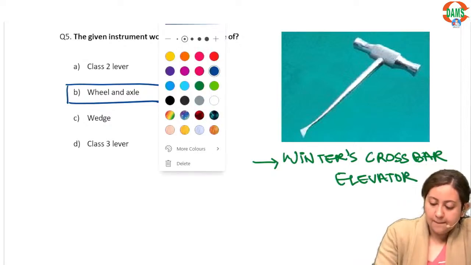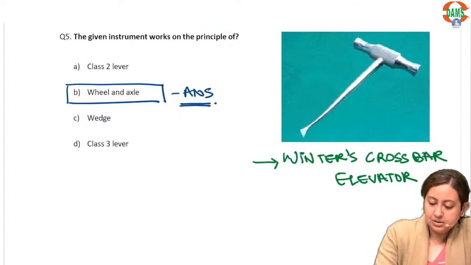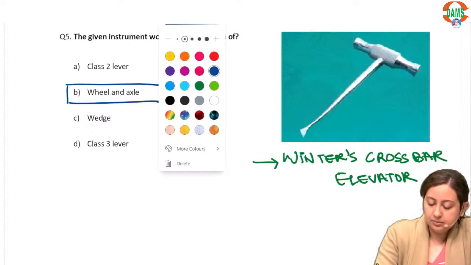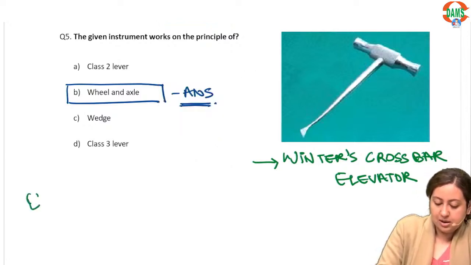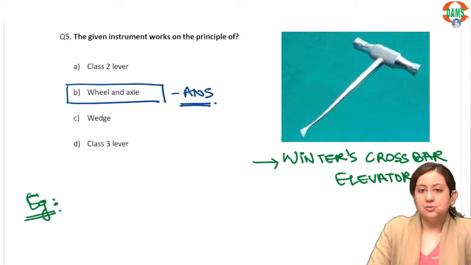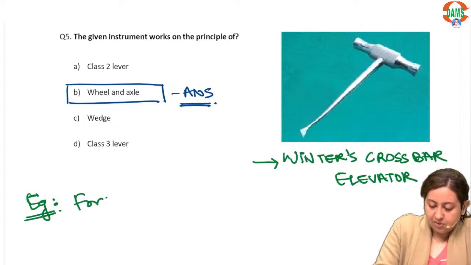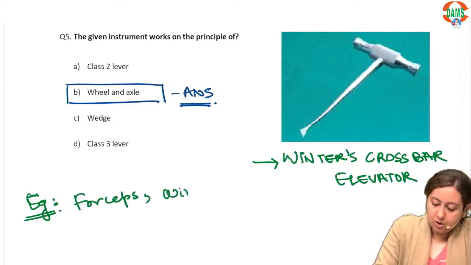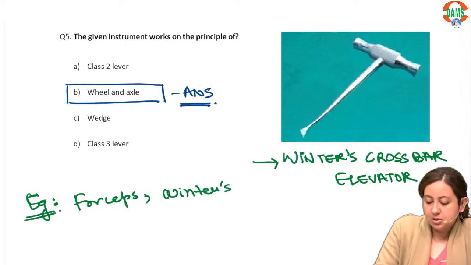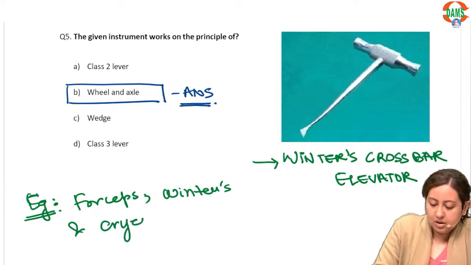Now let's see examples of instruments which are based on this wheel and axle principle. So your forceps, your Winters crossbar, and Cryer's elevators.